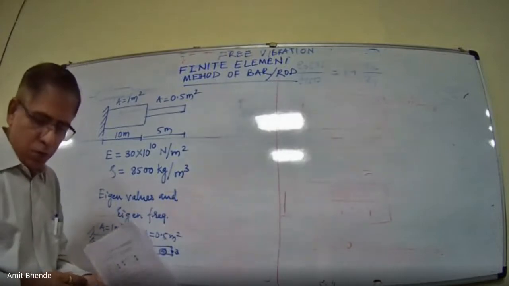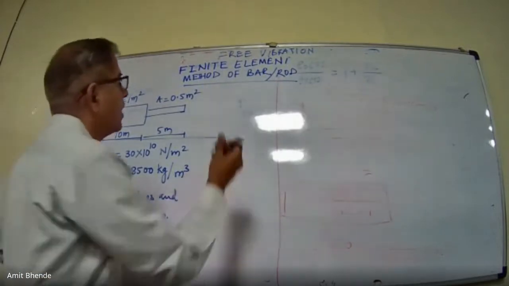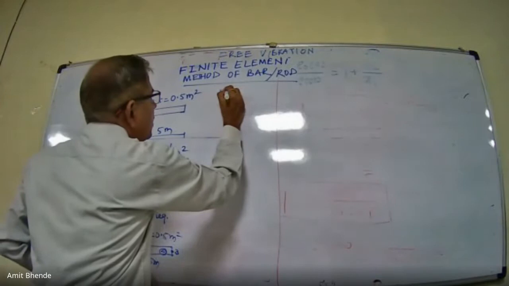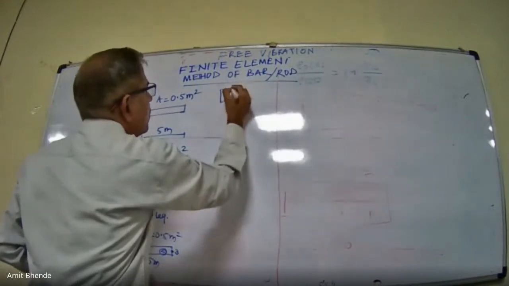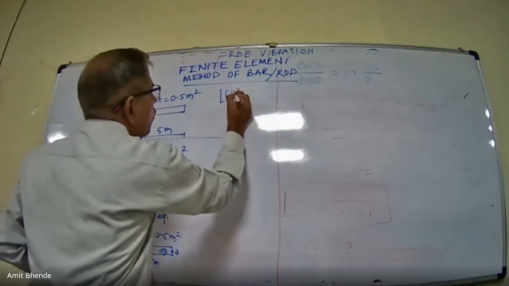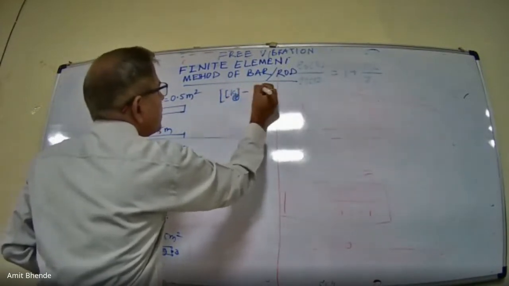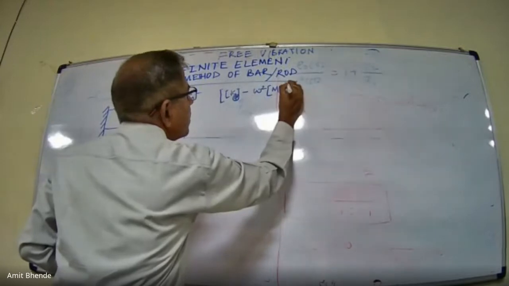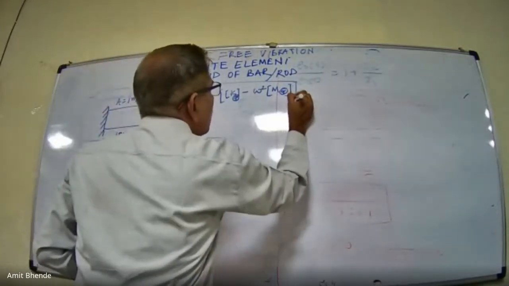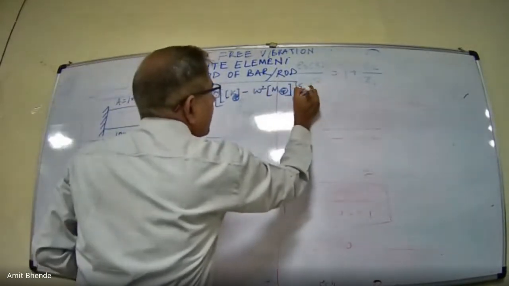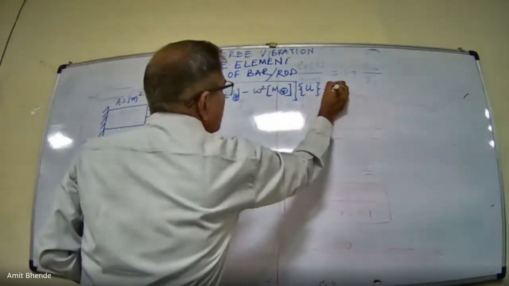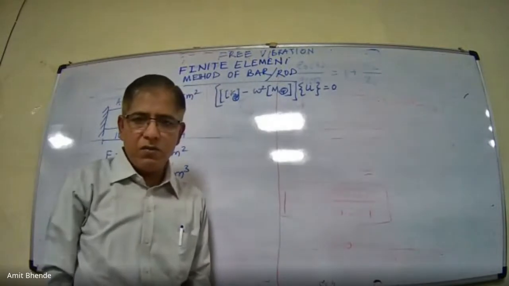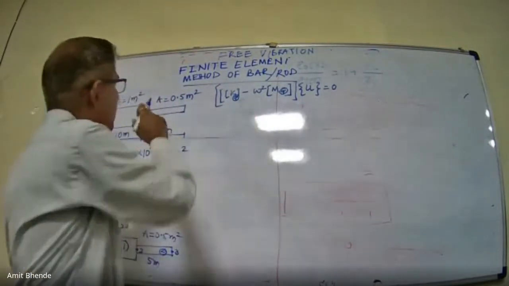Now to find out the eigenvalues and eigenvectors and natural frequency, the governing equation is: global K matrix minus omega square into global mass matrix into displacement matrix is equal to 0. So this is the governing equation for this type of problem.